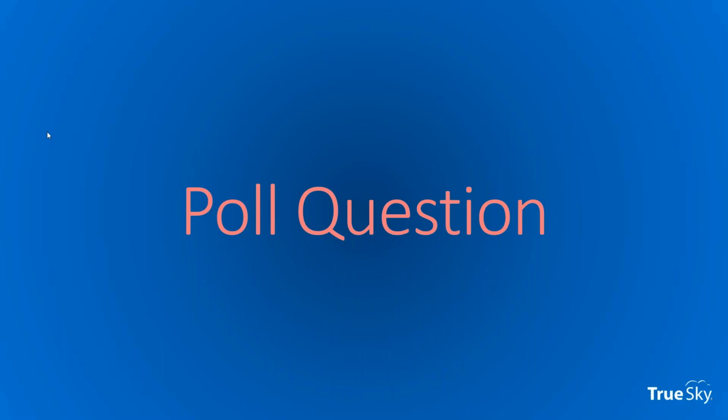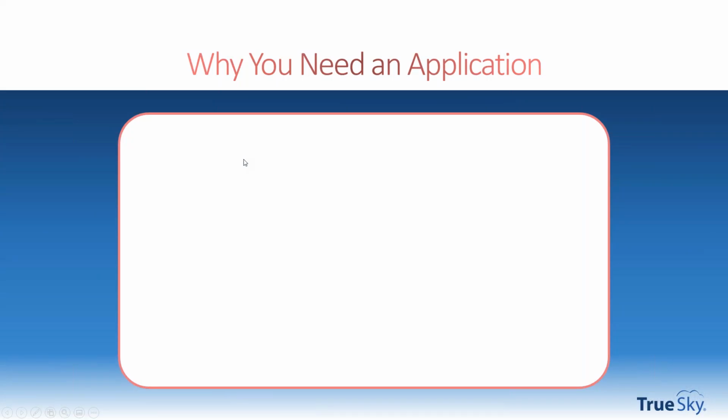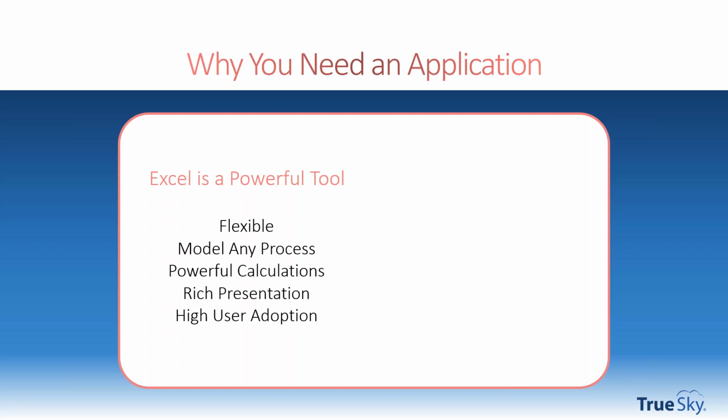All right, so let's talk a little bit about why you need some form of application to help you with your compensation planning. Some of this might pertain not just to compensation, but to financial or revenue forecasting as well. A majority of you were using Excel as your tool, and the reason is that Excel is very powerful and really flexible.